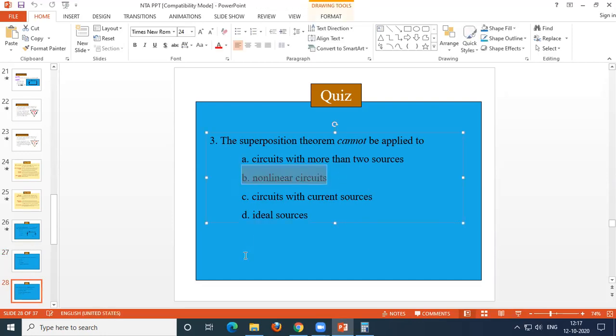The answer is B. Because for a linear network we are able to apply all these theorems. For a non-linear network, where the branches are crossing each other, we call it a non-linear network. So the superposition theorem cannot be applied to a non-linear network.